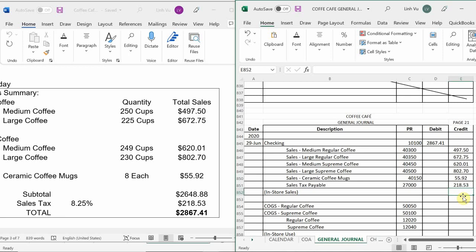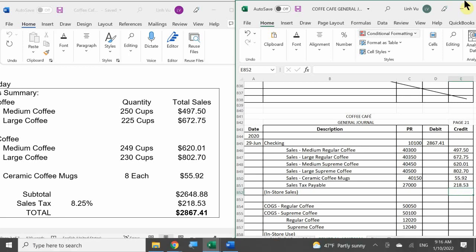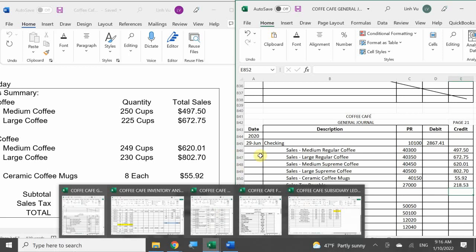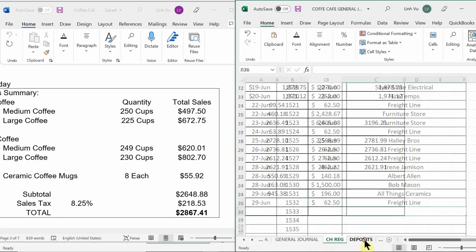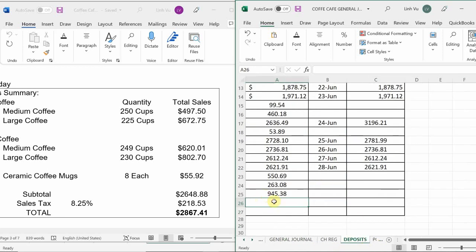Okay, 2867.41. I'm going to go ahead and deposit the money first because we seem to forget that very often. Okay, so deposits.